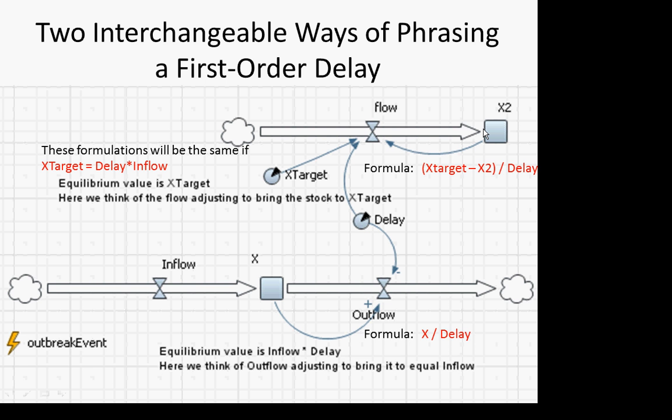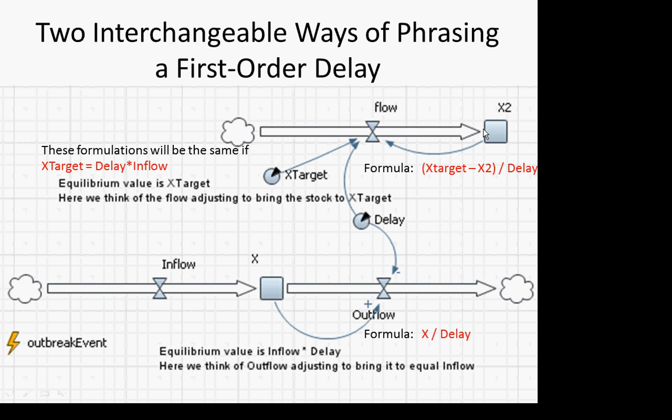Well, the greater the difference between the value of the stock and the target value, the greater the flow will be. Good. Exactly. That's exactly it. So let's use as an archetype: suppose that the value of the stock equals the target. What's the flow going to be? 0.